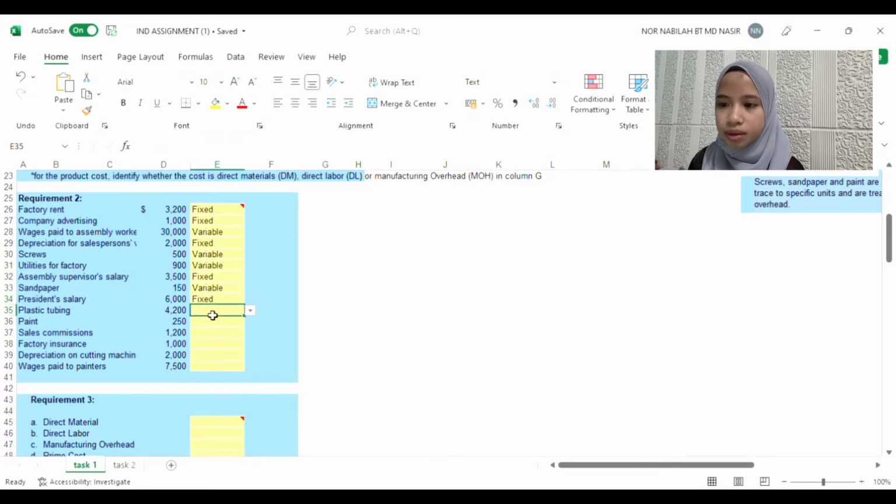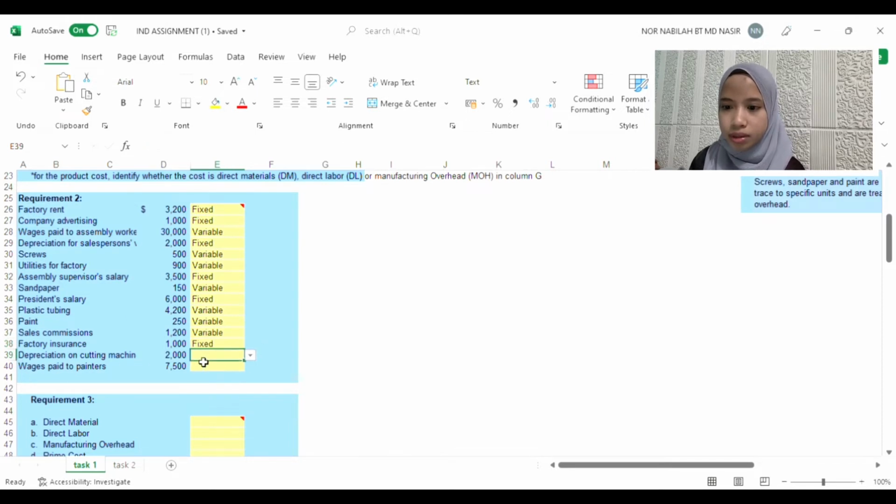President's salary, fixed cost. Plastic tubing, variable. Paint, variable. Sales commission, variable.